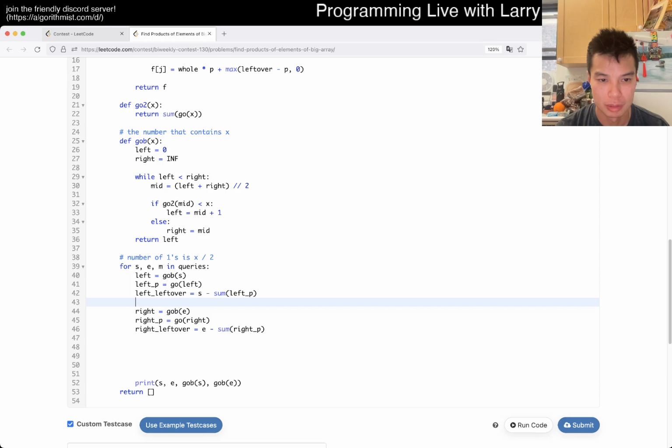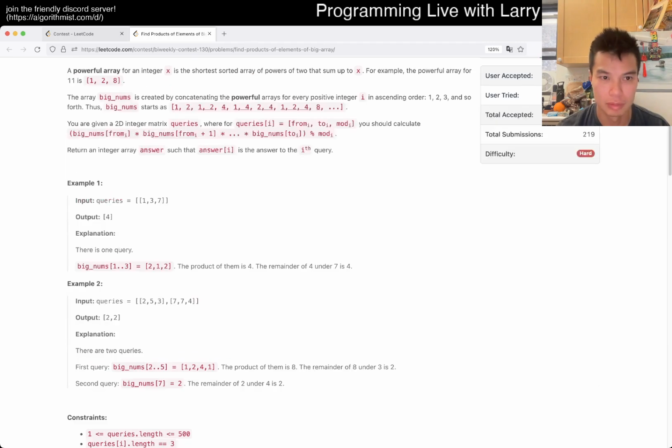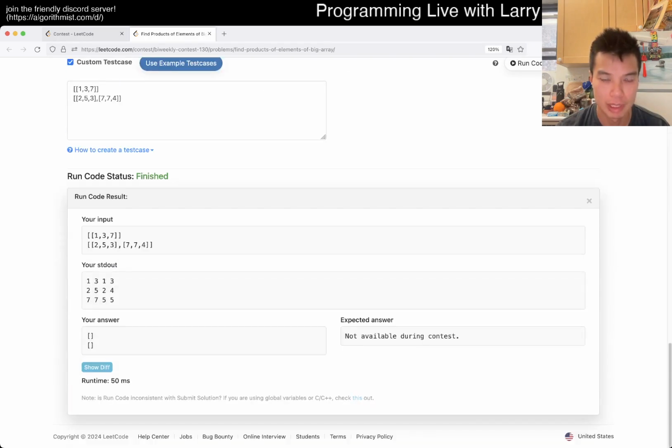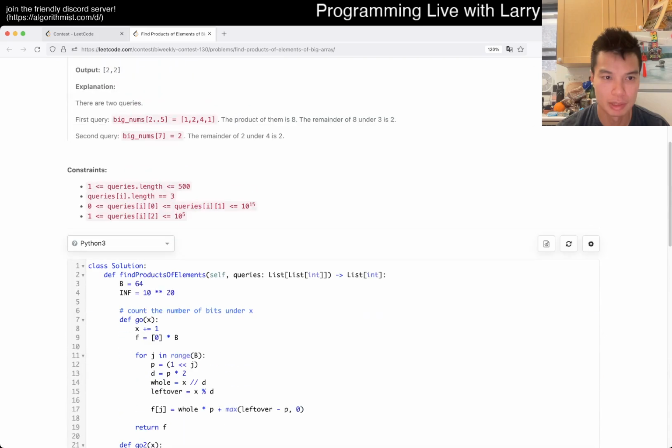Okay. This is inclusive. Yeah, okay. So then now. Well, no, we want S minus 1, right? Queries could be 0, which is awkward. For sure.